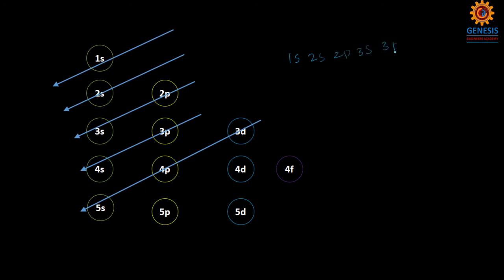So according to energy levels, just now we have discussed the Aufbau principle. This follows the Pauli exclusion principle and Hund's rule, then the relative energies of the orbitals. So this is about how to fill the electrons in orbitals.